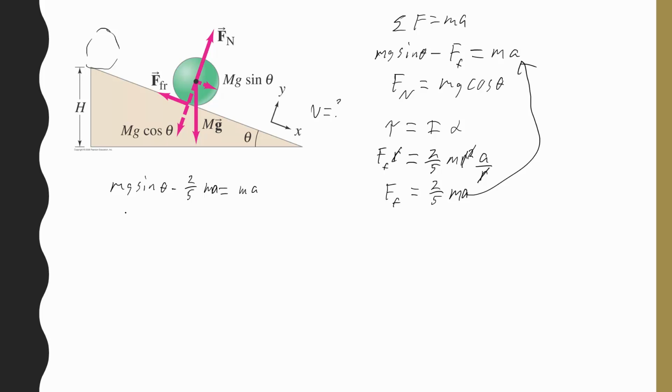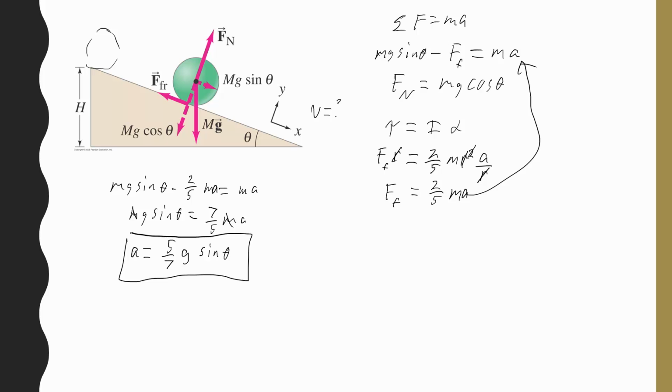I can add 2/5 over here, so I get mg sine theta equals 1 plus 2/5, so 5/5 plus 2/5 is 7/5 ma. I can get rid of my masses, and then if I solve this for acceleration, I'm going to get 5/7 g sine theta. Now that wasn't the final question we were asking, but this is a useful bit of information.